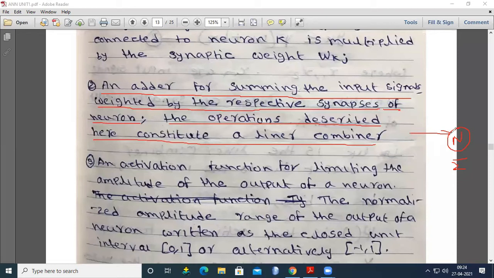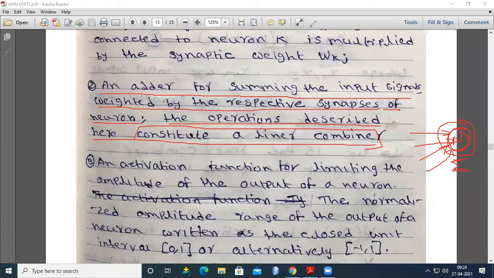This neuron takes input from many input signals. This is the adder. Weighted by the respective synapses of the neuron, the operations described constitute a linear combiner. We call this a linear combiner, indicated with sigma.